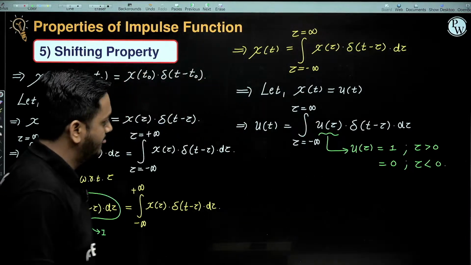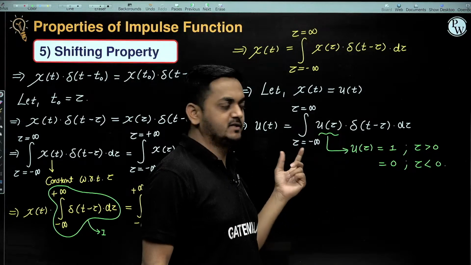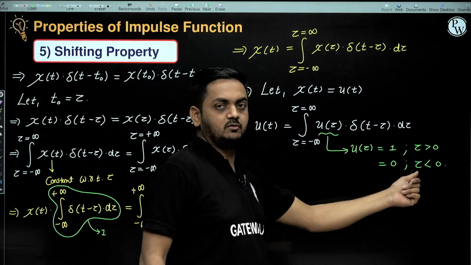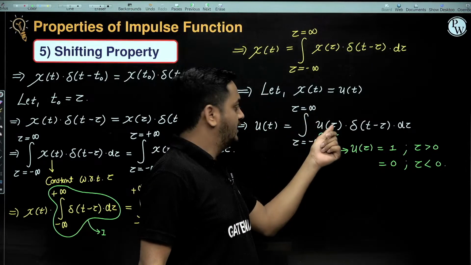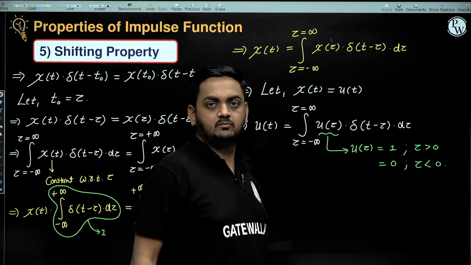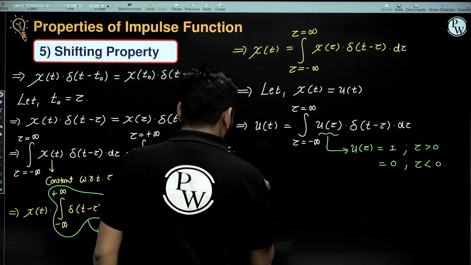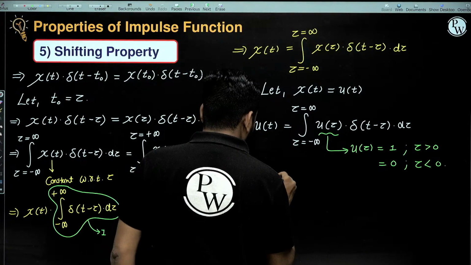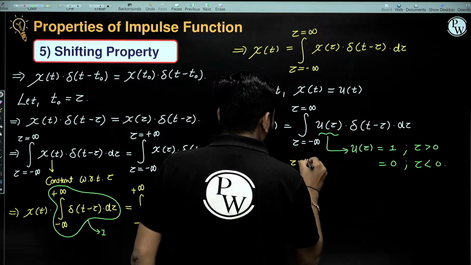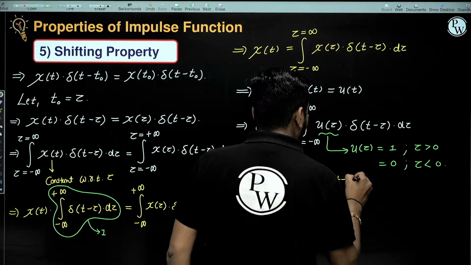So if you replace u of tau with 1, then the limits of integration become tau from 0 to infinity, because for tau less than 0, that is from minus infinity to 0, u of tau is 0, so the answer is 0 there. So u of t is the integration over tau from 0 to infinity of delta of t minus tau d tau.